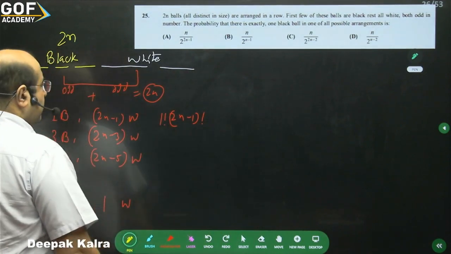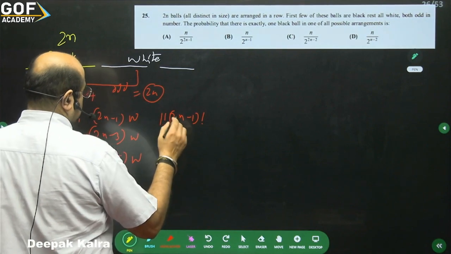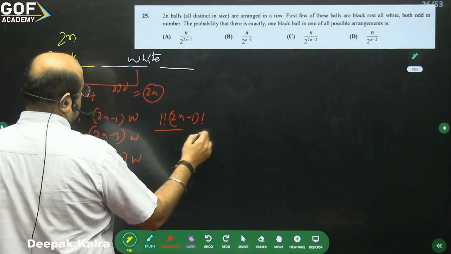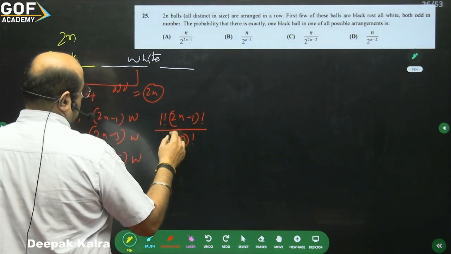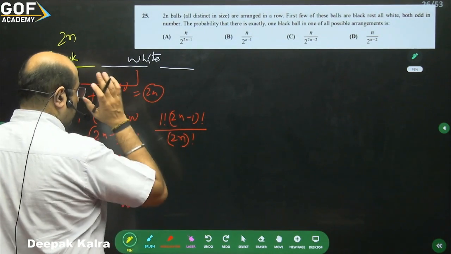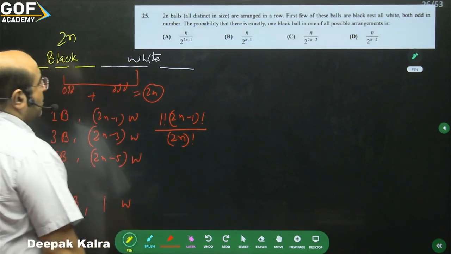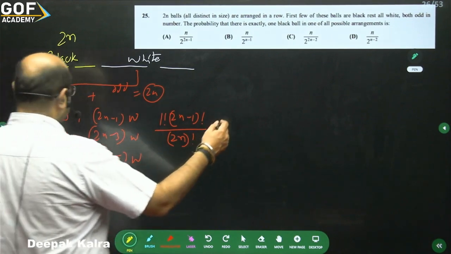The probability is over 2n factorial. This is the only way they will be arranged, right?